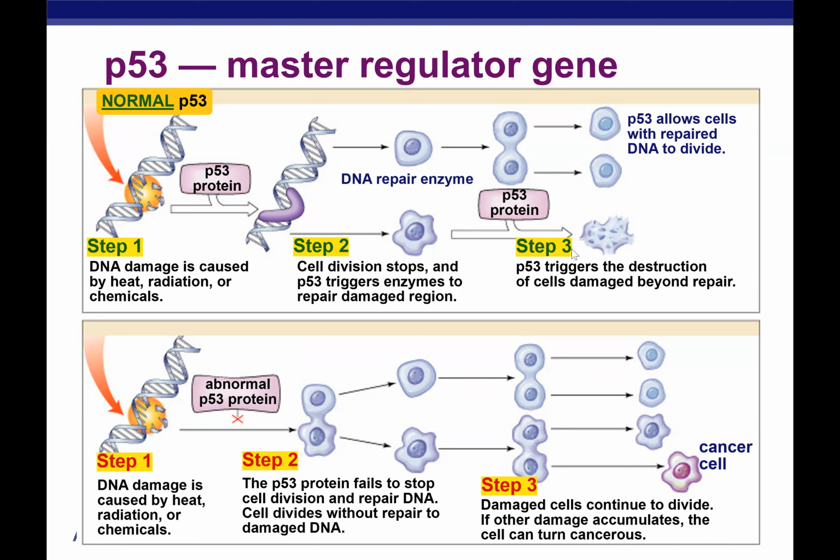The mechanism we call apoptosis is induced in these cells and they die. So this is the normal behavior of the P53 gene: first it will try to repair, and if it cannot, then it will trigger the destruction of the damaged cell.